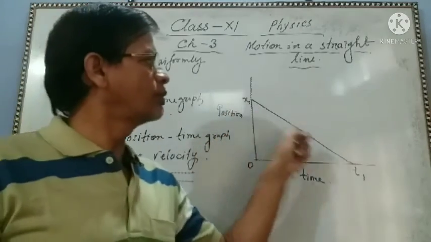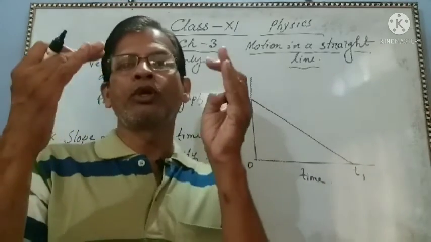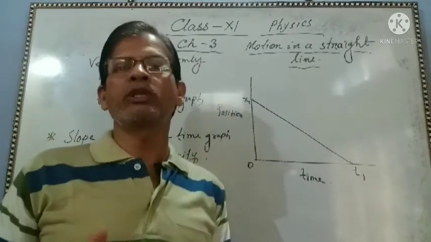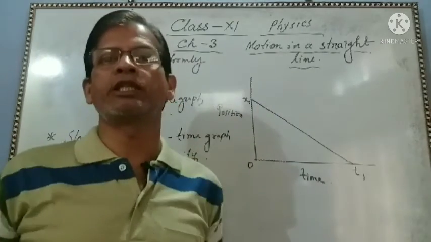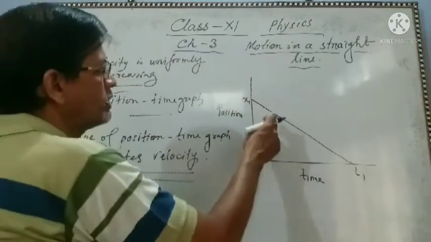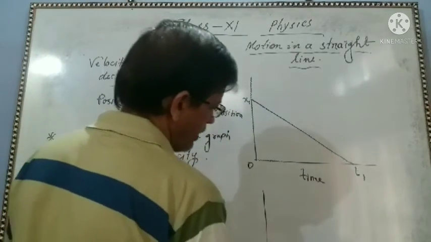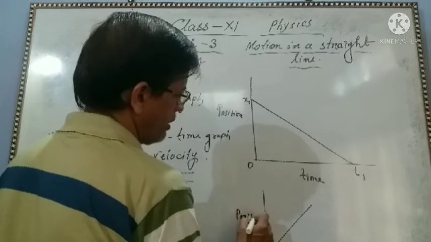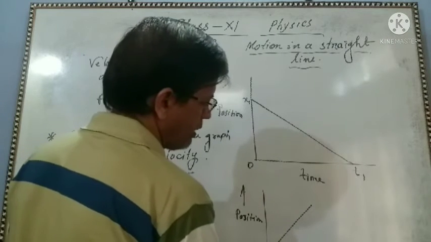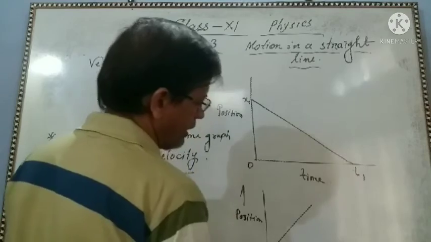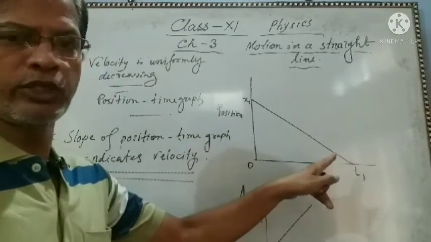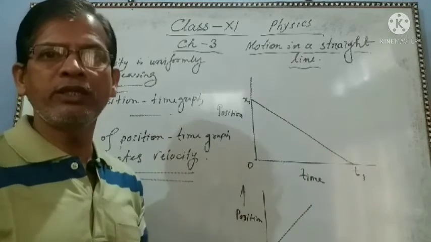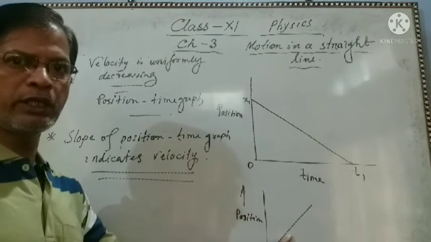If slope is negative, that means velocity is decreasing. If slope is positive, that means velocity is increasing. In this case, slope will be negative. In this case, slope is positive. In this case, slope negative. What does it mean? Here velocity increasing.